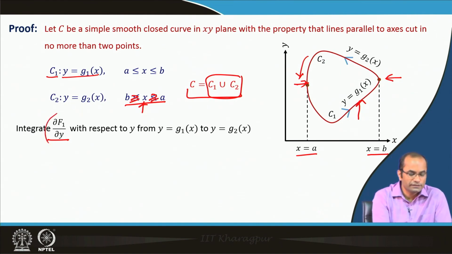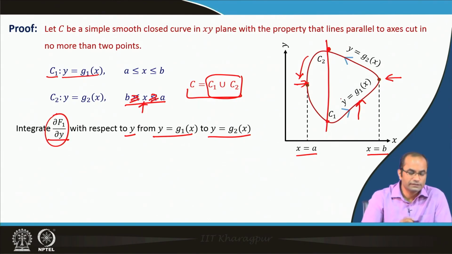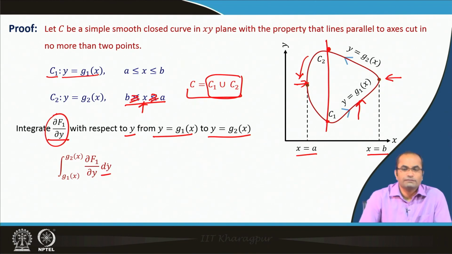So, we integrate this del f1 over del y with respect to y from this g1 x to g2 x. We are doing this in the direction of y, and the limits will be from this curve to this curve. So, from g1 x to g2 x, we are integrating del f1 over del y with respect to y.